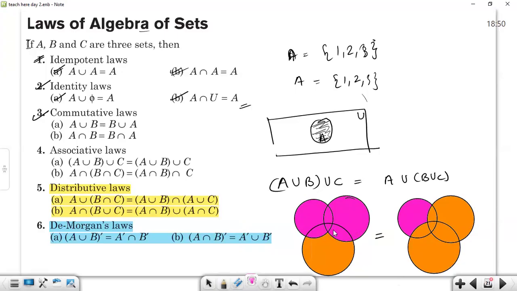What is similar is the region covered by them. The shaded region of both is similar. The color is only different, but that doesn't matter. So this is the associative law, and the same goes for the intersection. Will they be asking questions based on these laws?